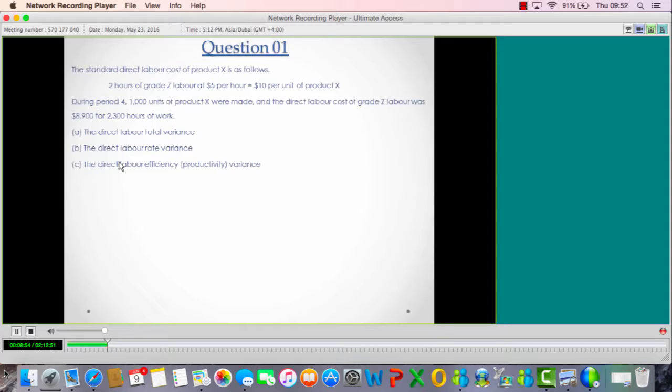It's the same process, guys. The calculation and the methodology is the same as what you did in direct material. The only additional thing in direct operation is that you need to calculate the idle time, but that I'll tell you. It's the same process.